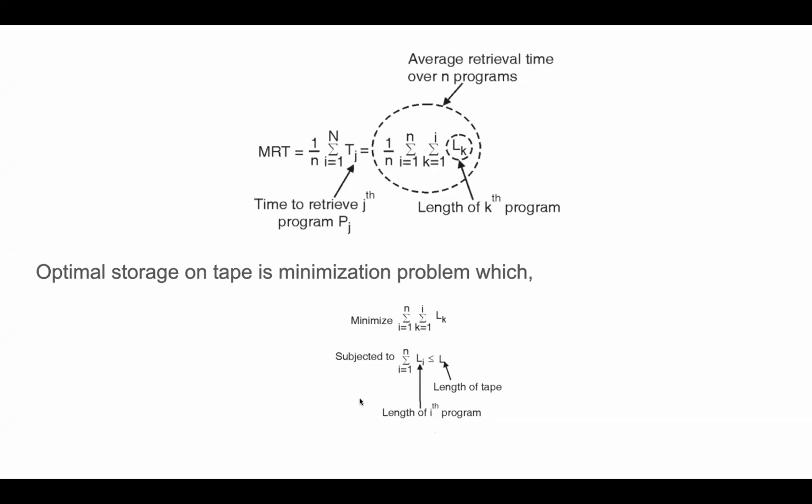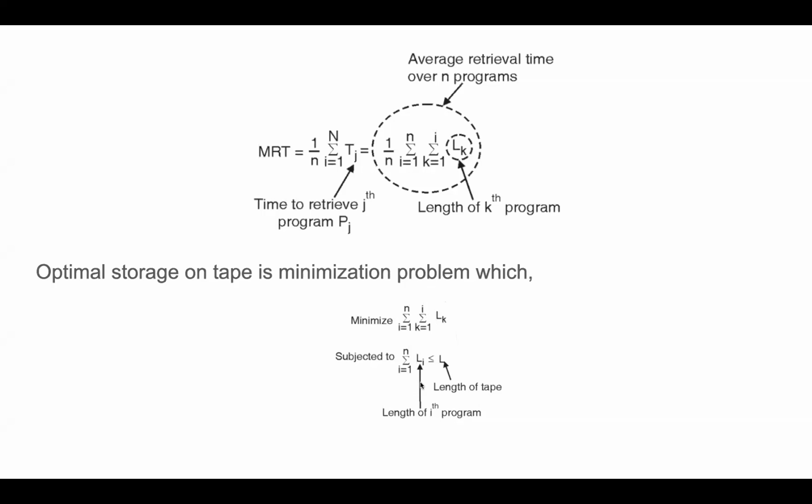Considering the length of this tape, we have to minimize this function. It is nothing but the optimal storage on tape minimization problem. Here we have to minimize this mean retrieval time subject to the length of the tape.